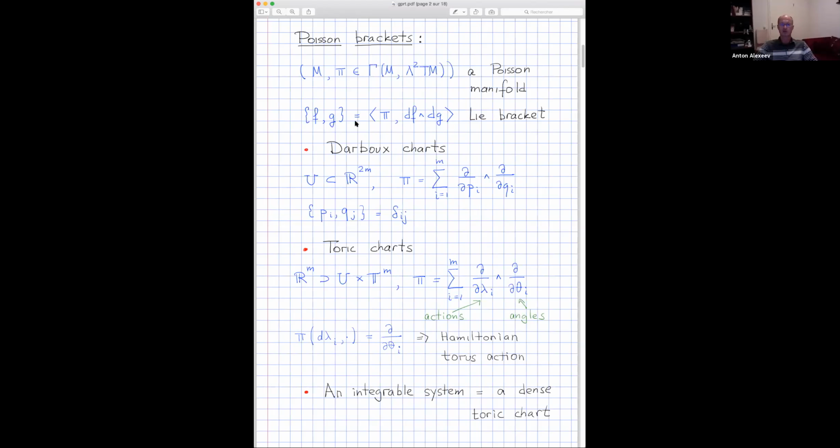If we go back to the brackets, then the standard canonical Poisson brackets of p_i and q_j are equal to δ_ij.